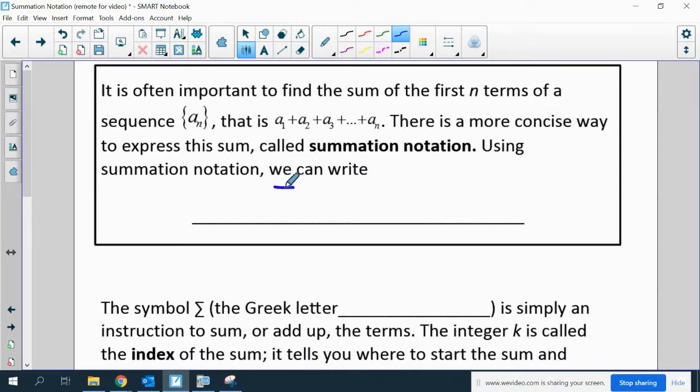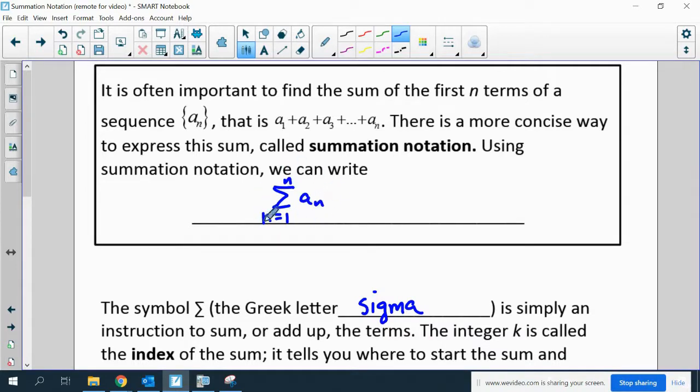So what we would do is we would say sigma. This symbol is the Greek capital letter sigma. Sigma of k equals 1 to n of a sub k.